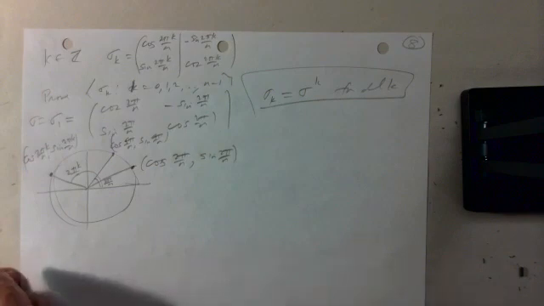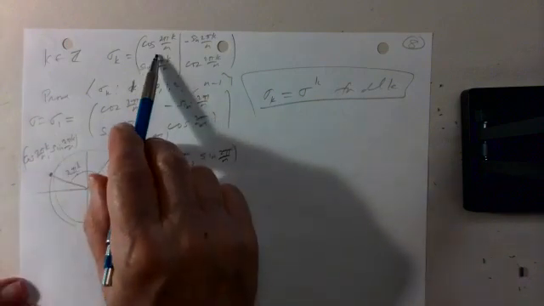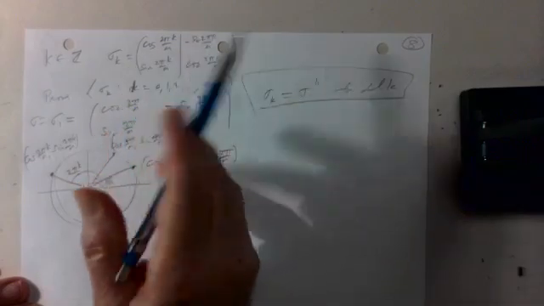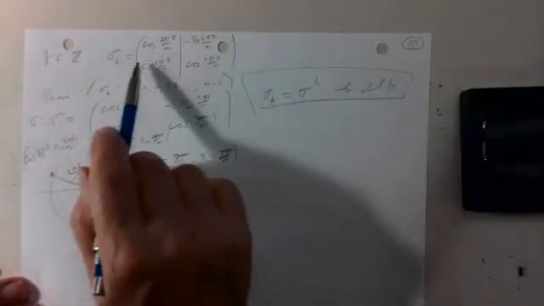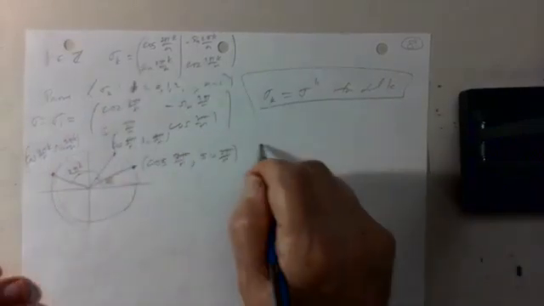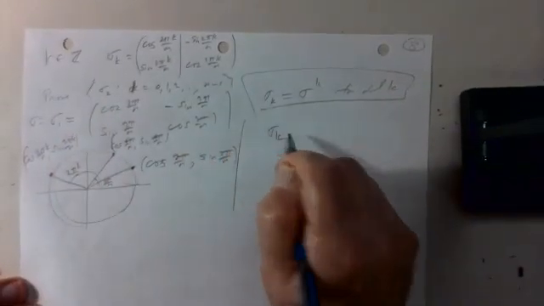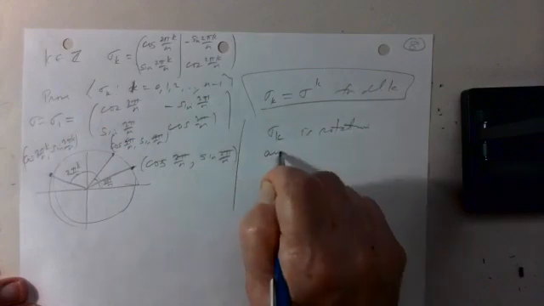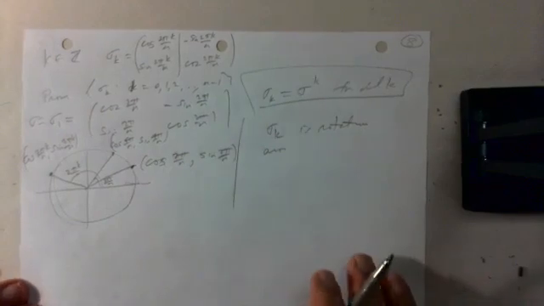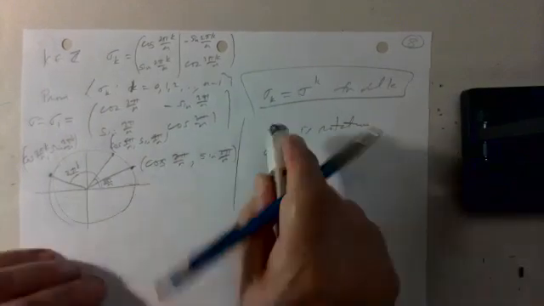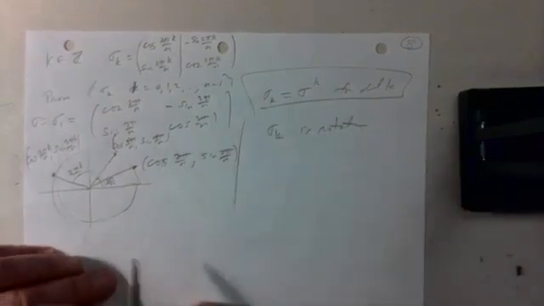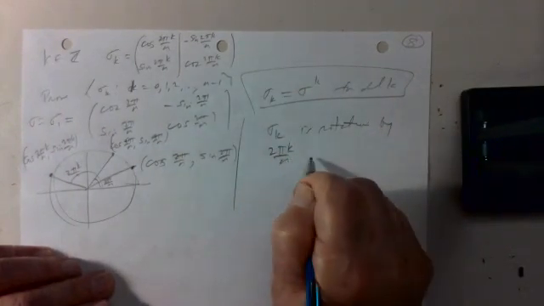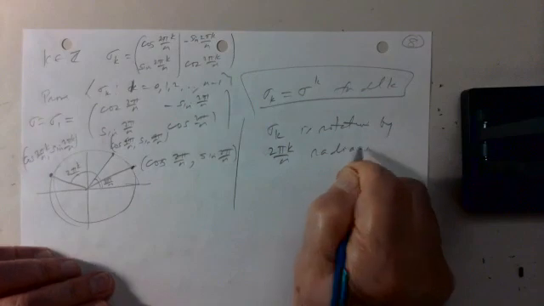Geometrically, if you look at this as a matrix applied to a vector, this is just rotation. Sigma k is rotation around the origin by an angle of 2 pi k over n radians.